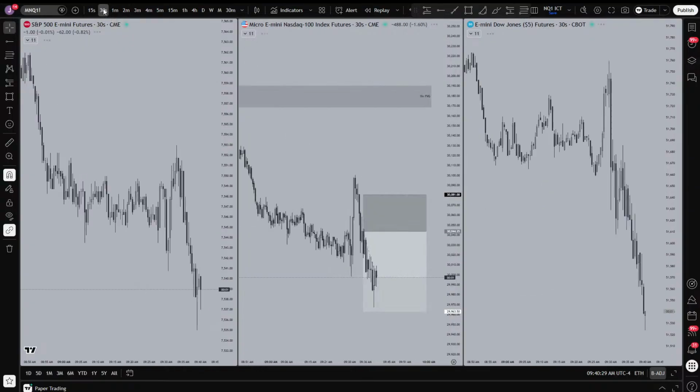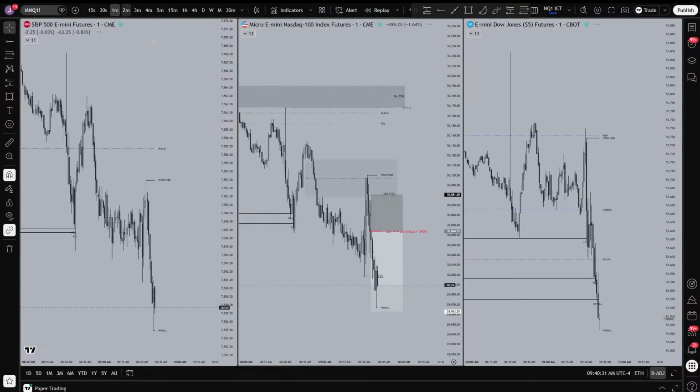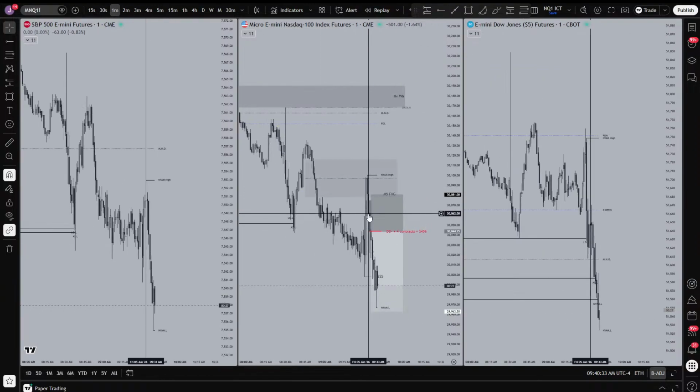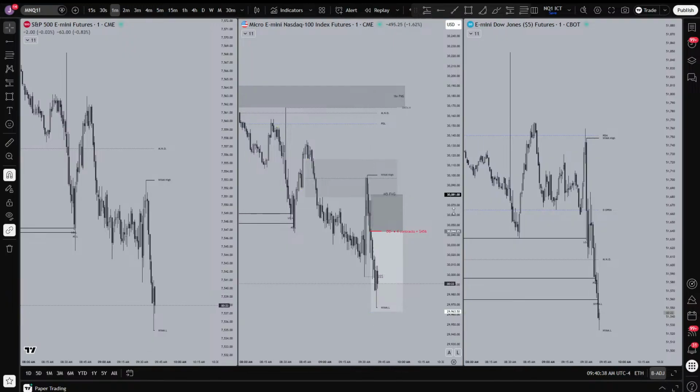So what did you take your entry off of? You took it off of the 1-minute candle? Pretty much just discretion. That 1 minute, I assumed it was gonna get inversed for sure. We came up into the CE of the 5-minute SMT 705 there as well, and then we had a sharp reaction immediately bearish, right? Yeah, we slowed down off of that 931 candle and immediately flipped down.